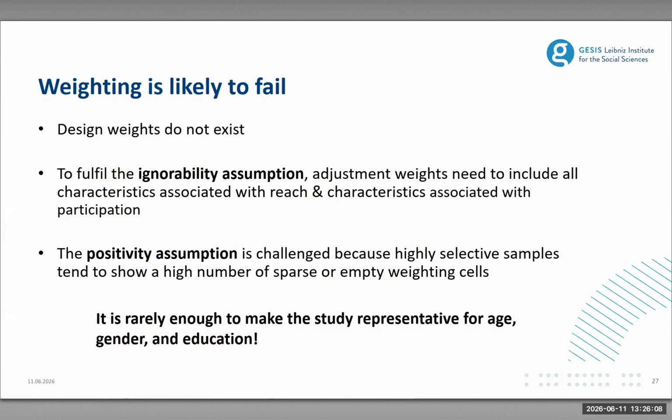We know their age, gender, and education because we ask in the survey, and usually non-probability surveys then just make these variables match the general population and claim the sample is representative now. But it's not enough because, as I said, there are so many characteristics affecting who will participate that just making it right for 3 variables does not seem to do the job.